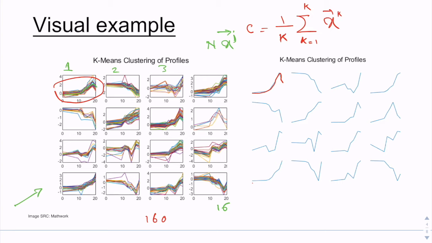For instance, I mentioned vector quantization or k-means that was used for speech encoders. For small pieces of speech, let's say 20 samples, there's one representative for all the members of one cluster.